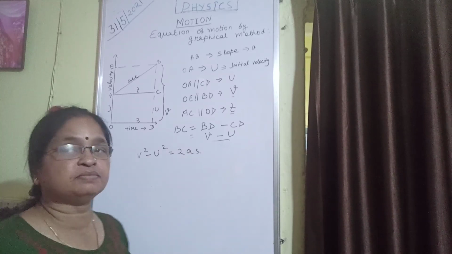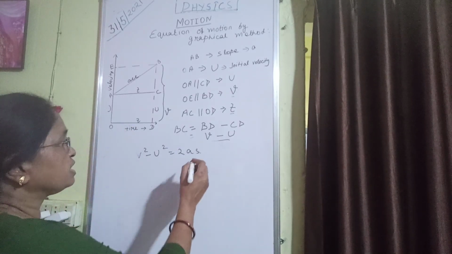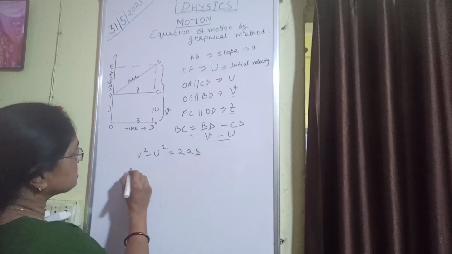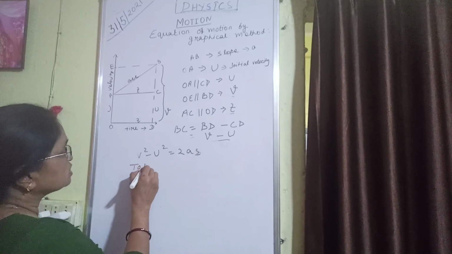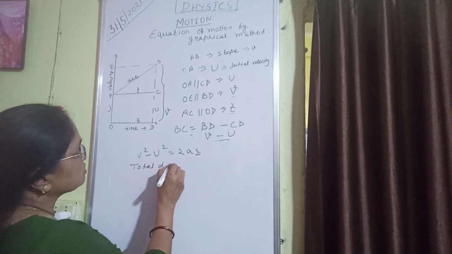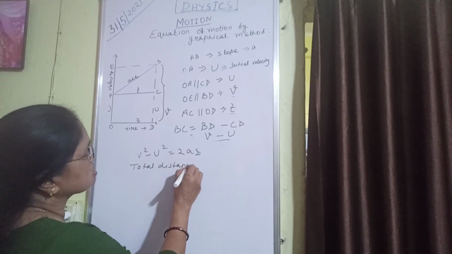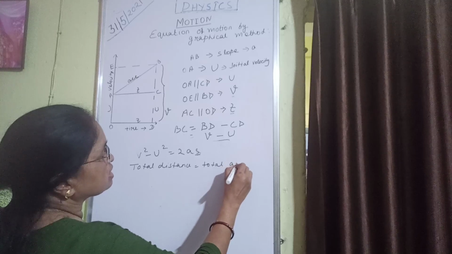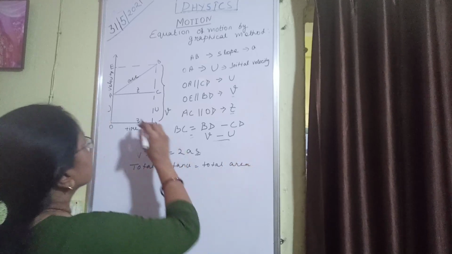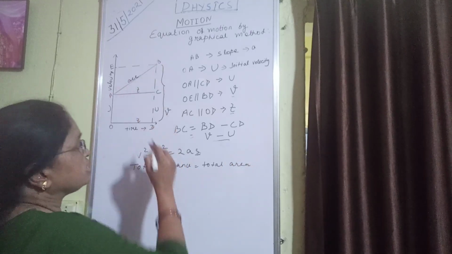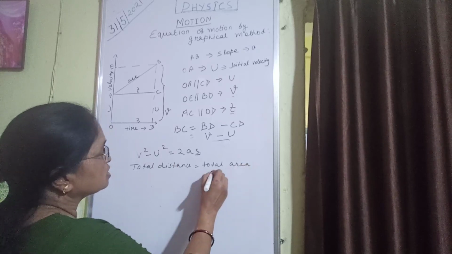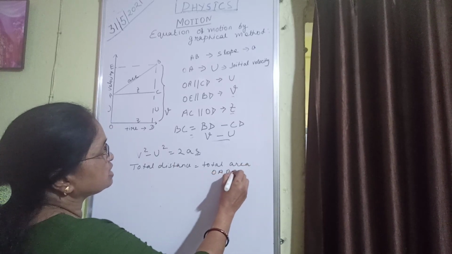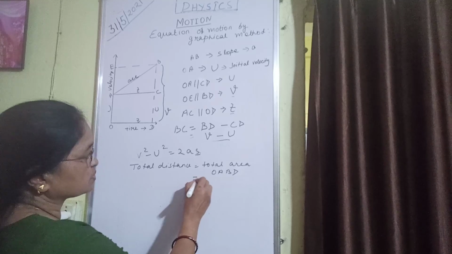Again, as we derived in the second equation, we have S. What is the total distance covered? We can write total distance is equal to total area under OABD, that is our trapezium.